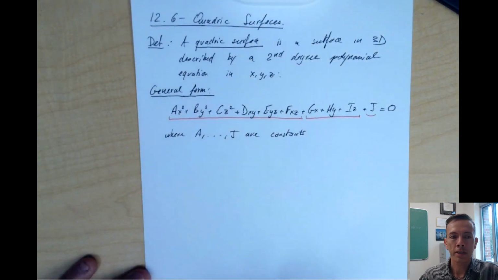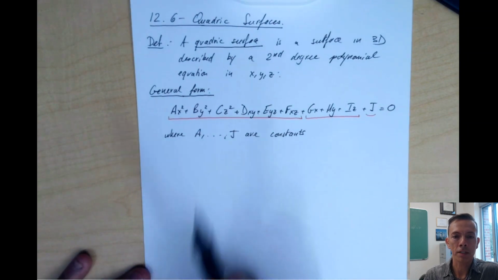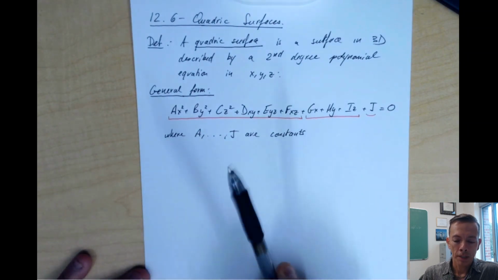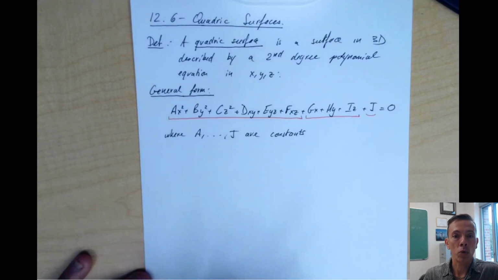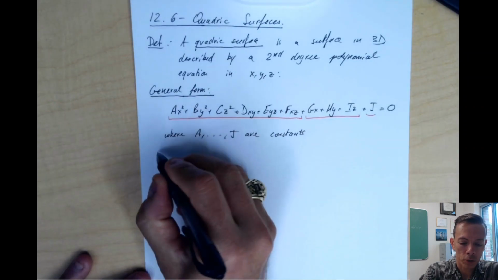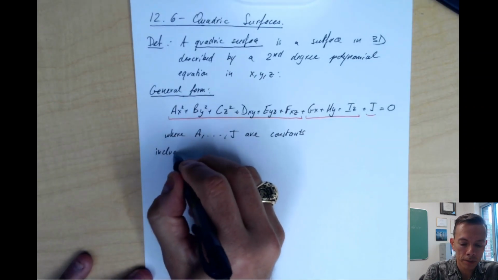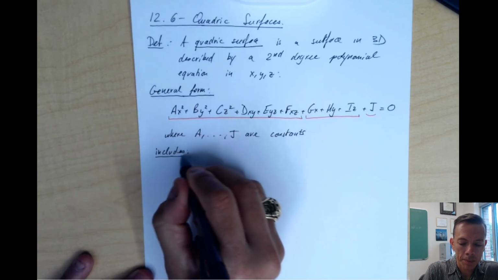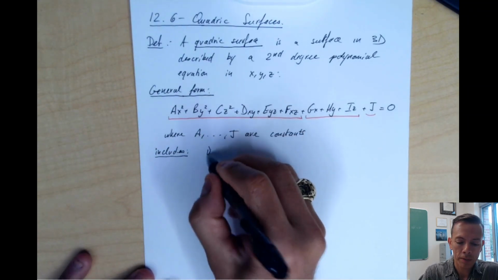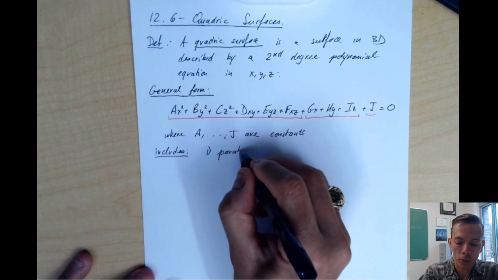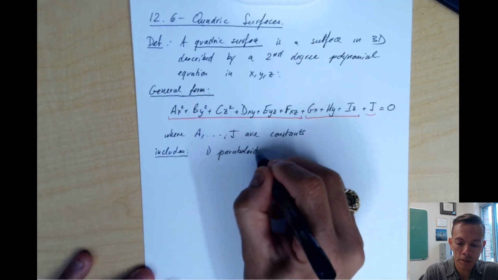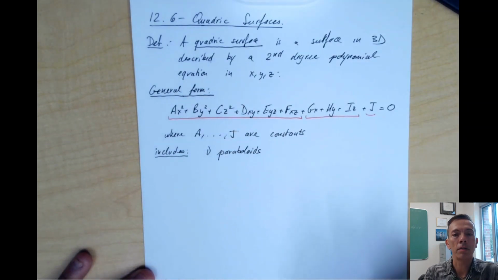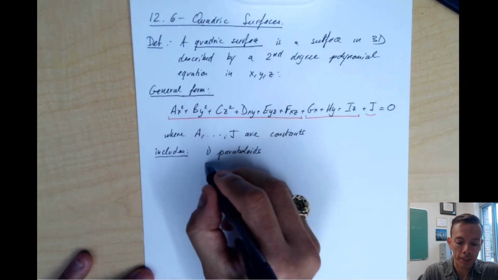Just like in the case of quadratic curves, there are different kinds of quadric surfaces. This includes several families. First of all, there are the paraboloids, and I'll show you what that looks like.